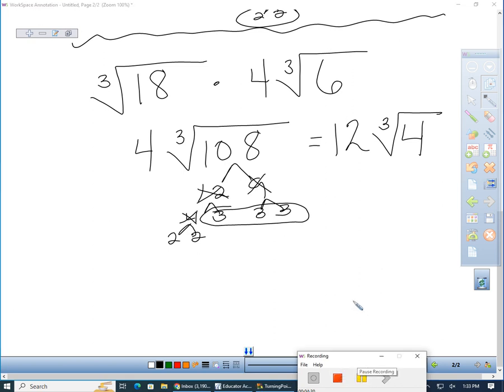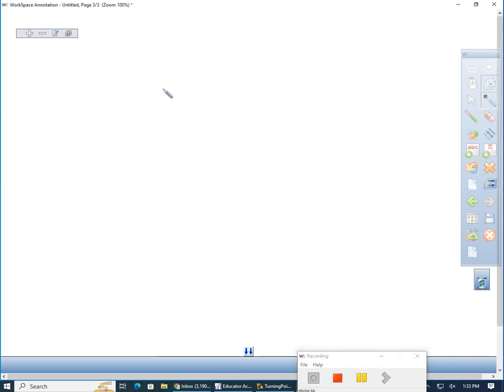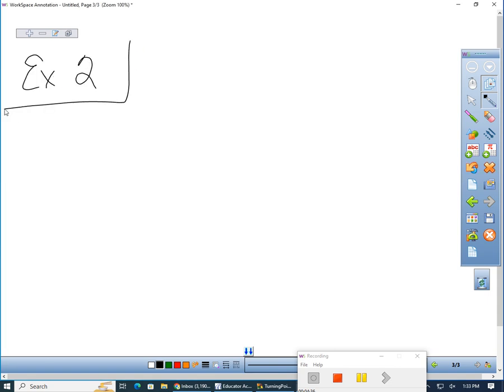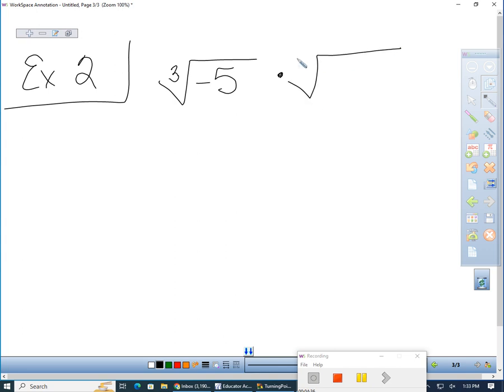Okay, so let's make one just a little bit harder. Let's go with example number 2. Still from the same section, but I'm going to step it up a little bit here. Let's say I have the cube root of negative 5 times the cube root of negative 25.